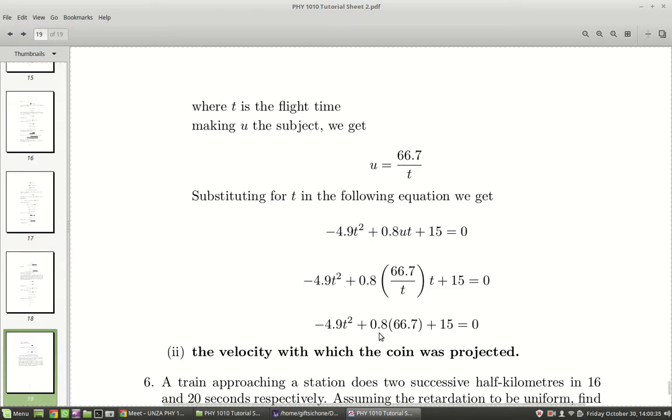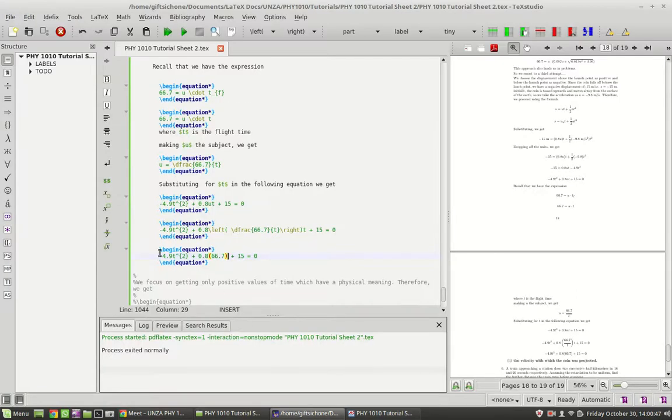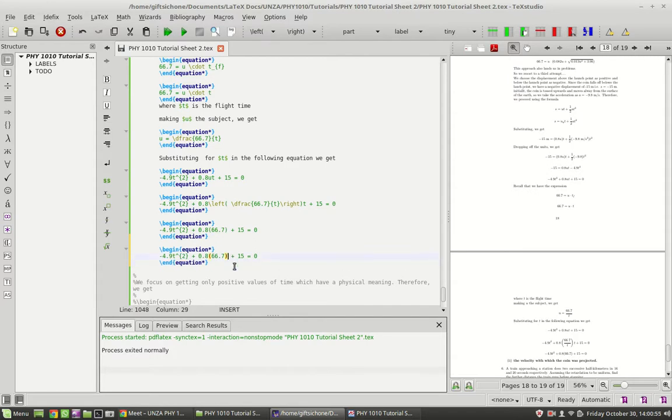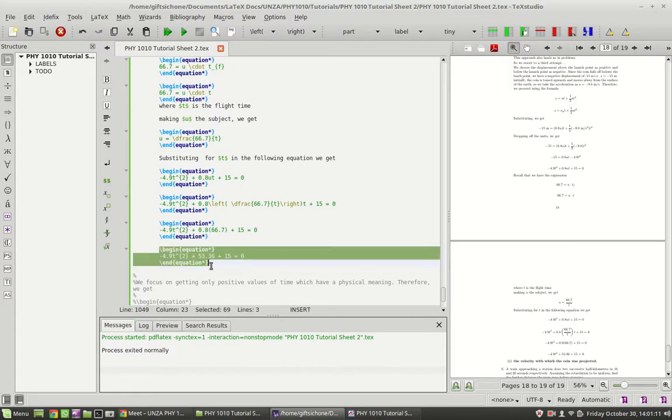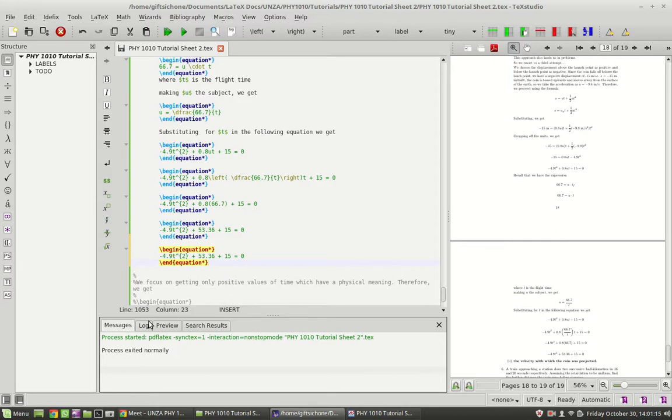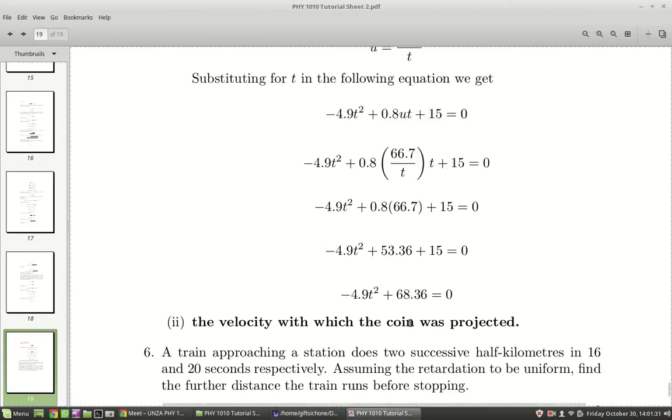Okay, just a minute. And that gives us what? 53 something point 63, plus 15, that gives us 68.36.